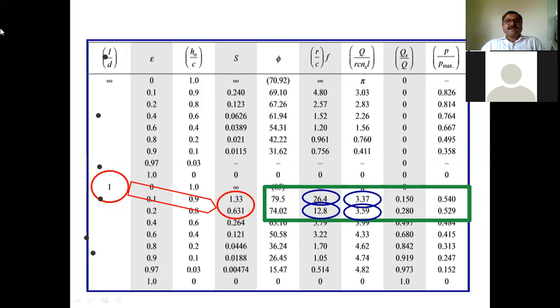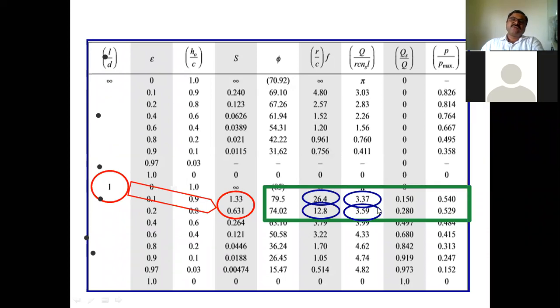Try to understand. Similarly, while taking the values of the coefficient of friction variable, the flow variable or side leakage, and the film thickness variable, you have to do linear interpolation to find the values. Because the Sommerfeld number lies in between these two values, the R by C into f, the coefficient of friction variable, is also going to lie in between two values, and the flow variable as well.